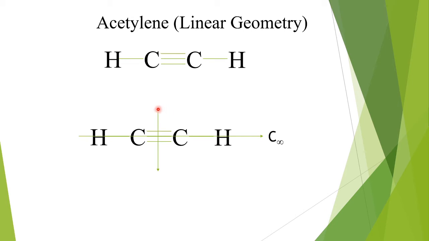Now I have told you two C2 axes, one lying on the plane of the screen and one perpendicular to the plane of the screen. There are many other C2 axes possible in between, in each angle you can draw a particular axis like this.